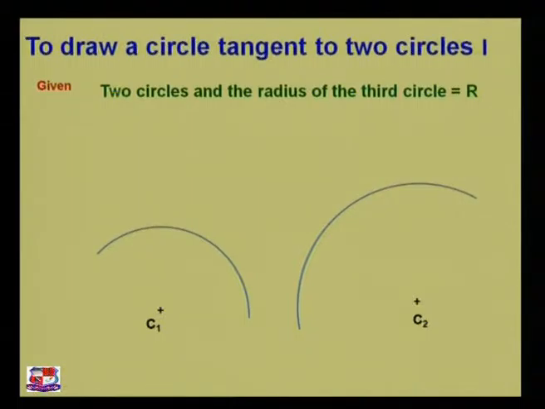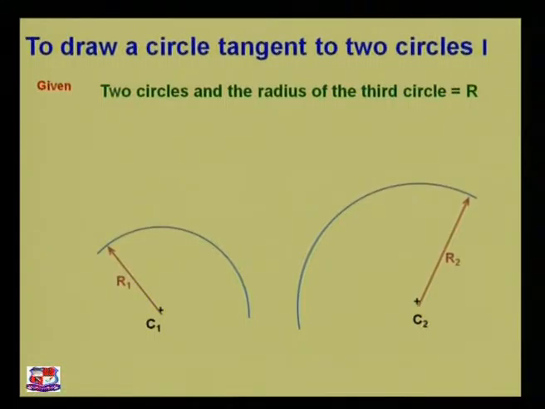Tangent means that this circle touches another circle at one point only. Now we need to draw a circle or an arc which touches only one point on circle C1, and one point only on circle C2. Now we will see how we can draw this kind of tangent circle.